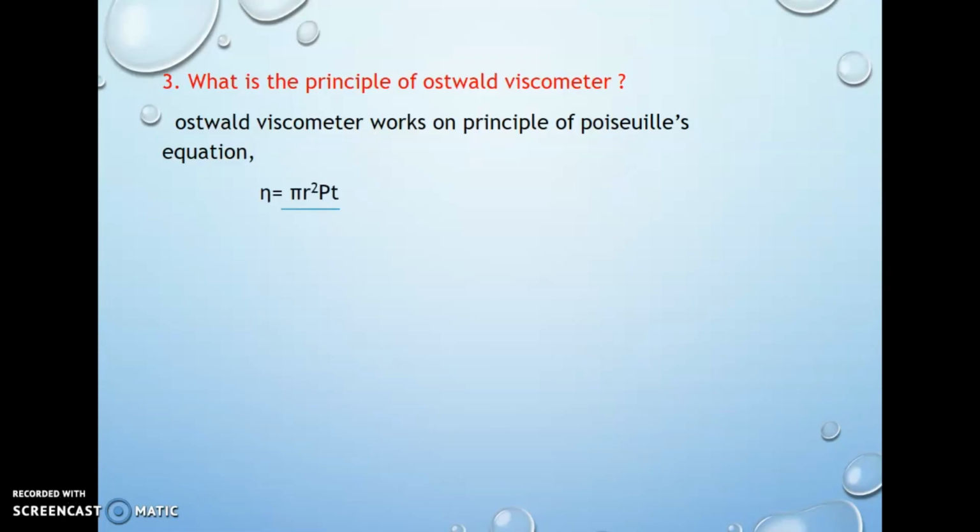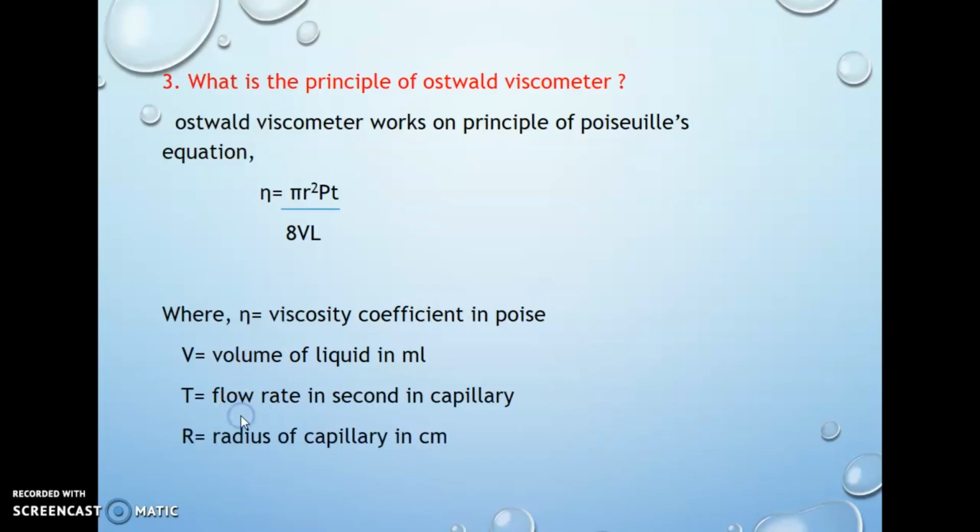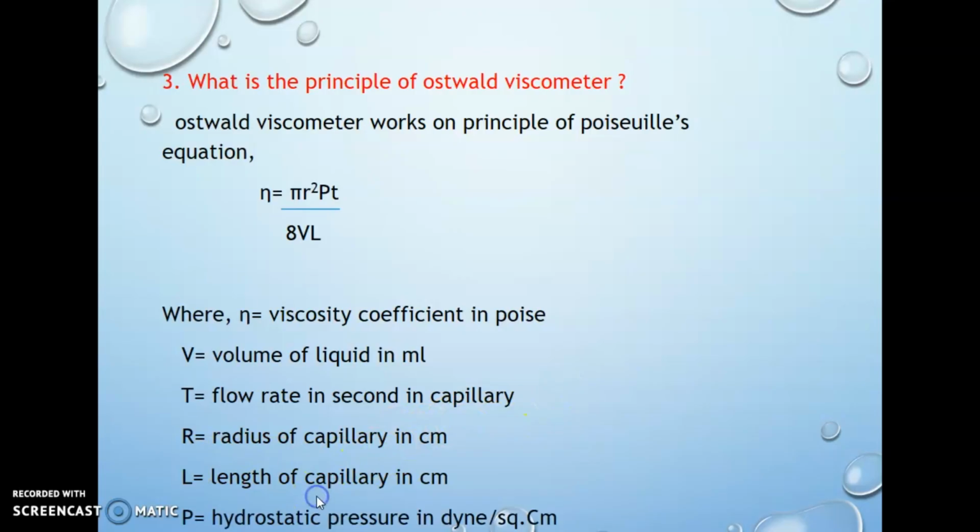So the equation is eta is equal to pi r square P t divided by 8 V L, where eta is the viscosity coefficient in poise, V is the volume of liquid in ml, t is the flow time in seconds in the capillary, r is the radius of the capillary in centimeter, L is the length of the capillary in centimeter, and P is the hydrostatic pressure in dyne per square centimeter.